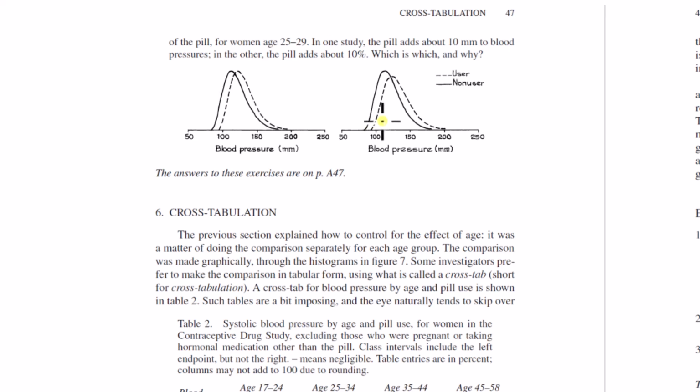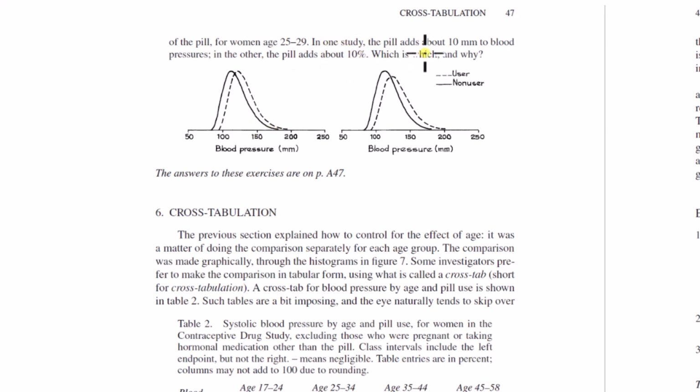Okay, well, we talked about how if you just add or subtract a constant value to all of the data of a histogram, then it strictly shifts that histogram left or right. And so this isn't a shift here. This is different than a shift. This is a shift. So this must be adding, and it shifts to the right as well, which means that it added 10 millimeters. A constant was added. And that's what it says.